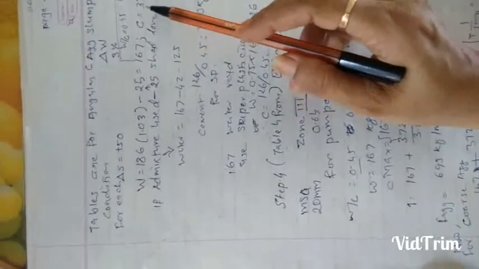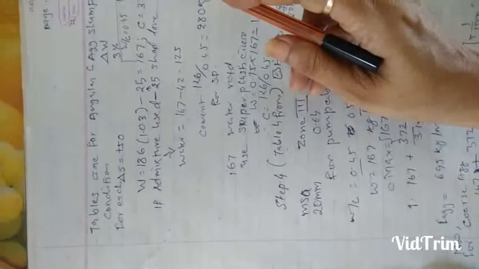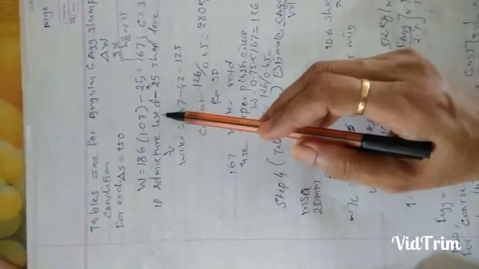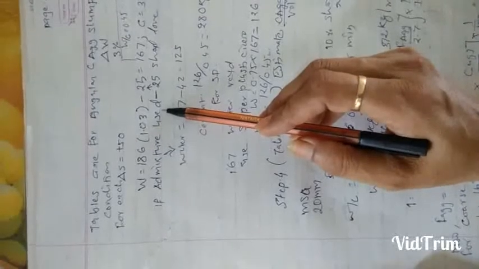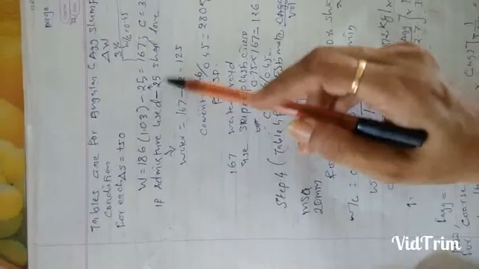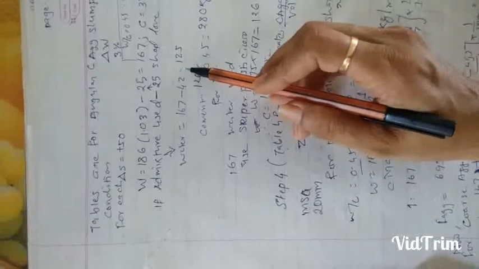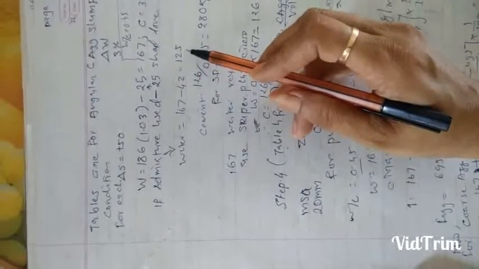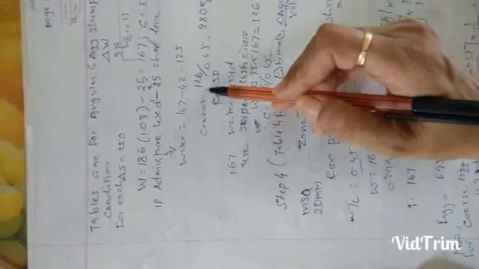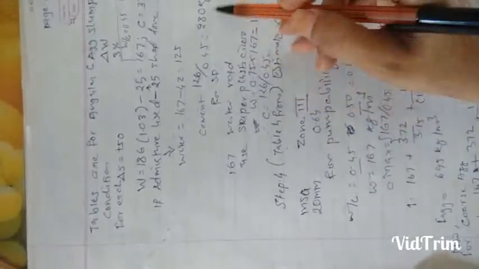In cement we got 372 kilogram per meter cube, right? If admixture is used, we consider this 25, and water 167 minus 42 is equal to 125, right? And cement is equal to 126 upon 0.45 is equal to 280 kilogram.